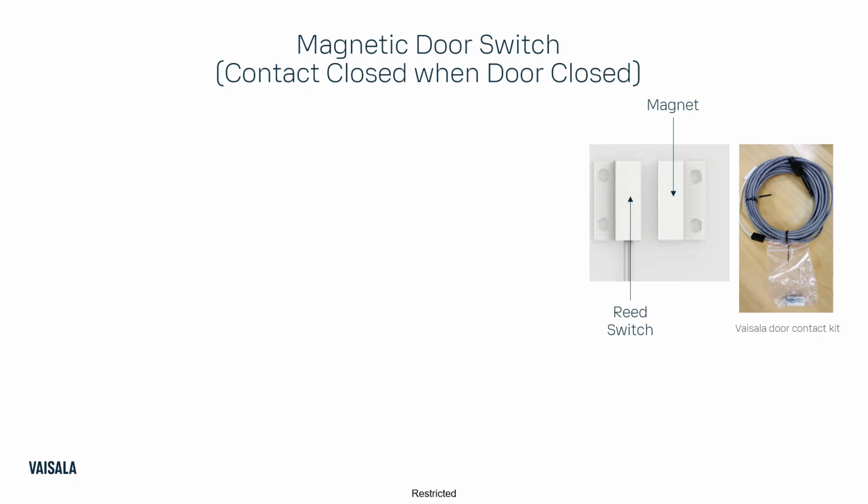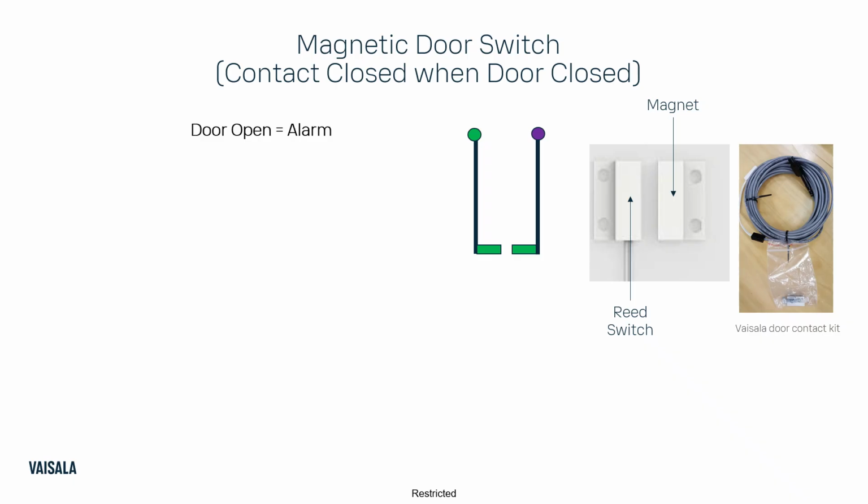So when the door is closed, these two are in close contact. When the magnet is not near it, it has two little wires that are separated by a space. And this is basically an alarm condition, because it's not near the magnet, the door is open.